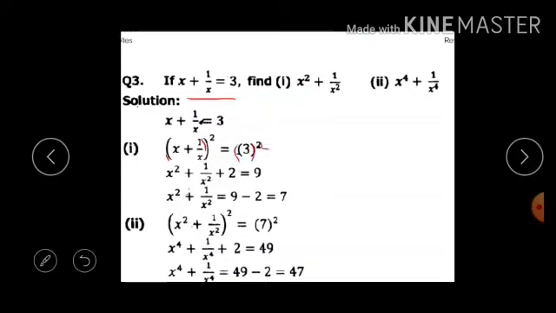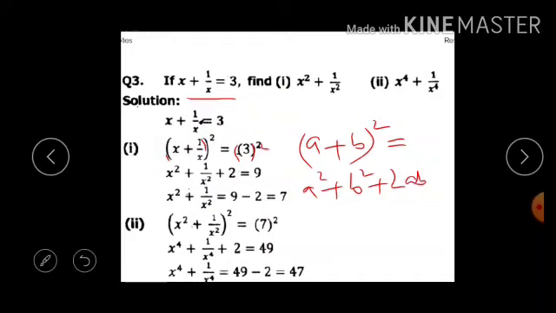We can open the formula a plus b whole square, which is equal to a square plus b square plus 2ab, and 3 3s are 9. Subtract 2 on both sides. 9 minus 2 is equal to 7. So x square plus 1 upon x square is equal to 7.